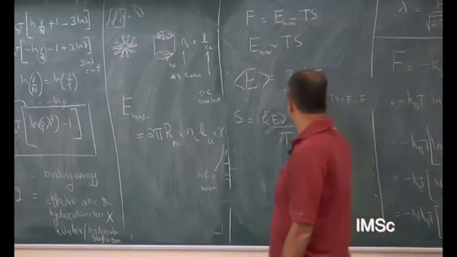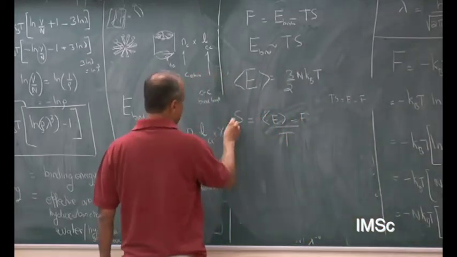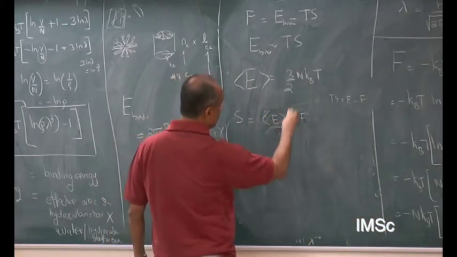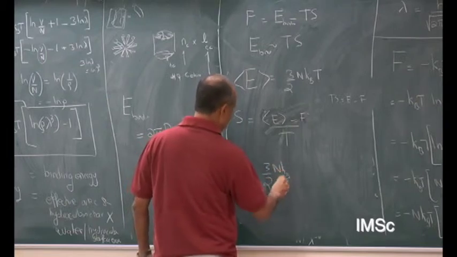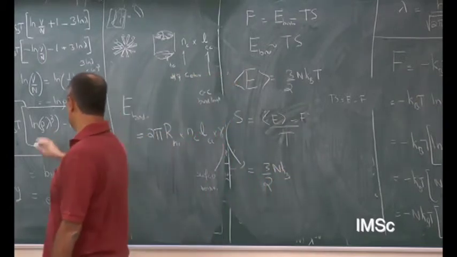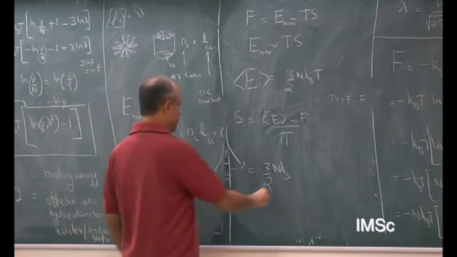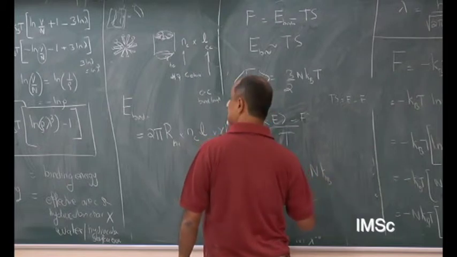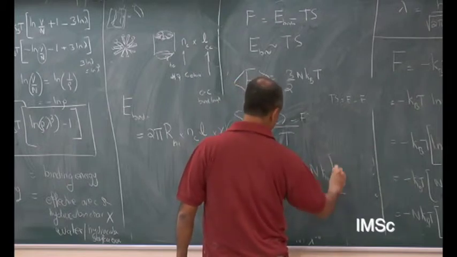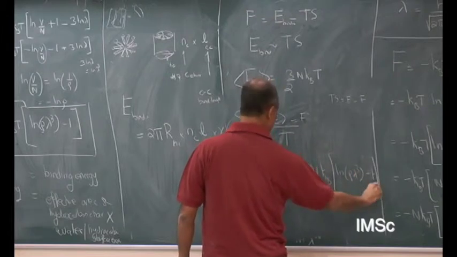Okay? So then I have S equal to, the T goes away, so I have 3 by 2 N kB. And then I have my other term here. If I get rid of this T, this becomes minus N times kB times log of rho lambda cubed minus 1.